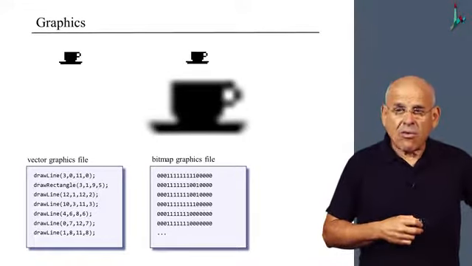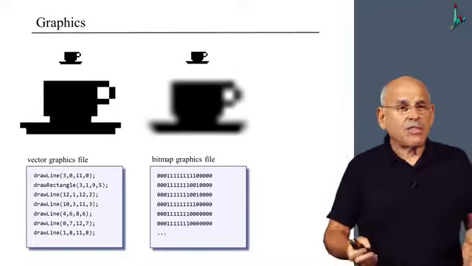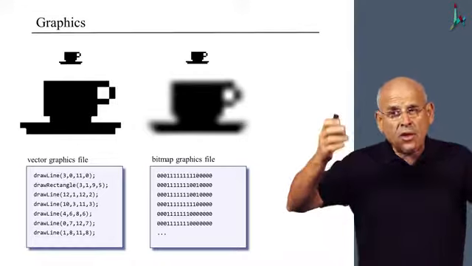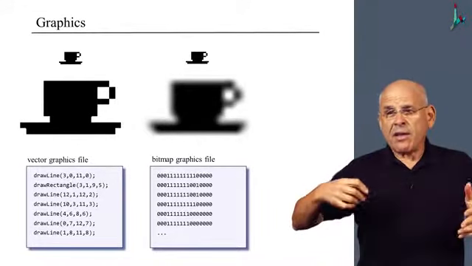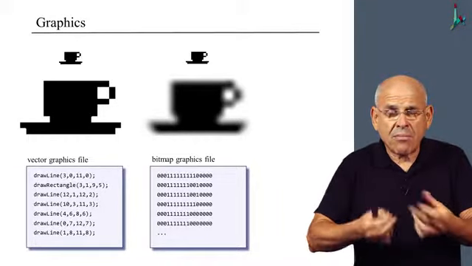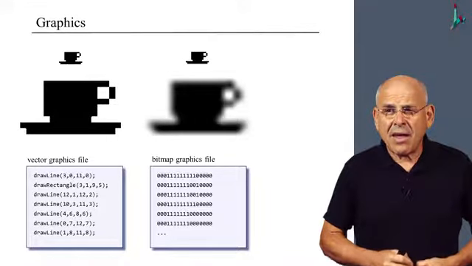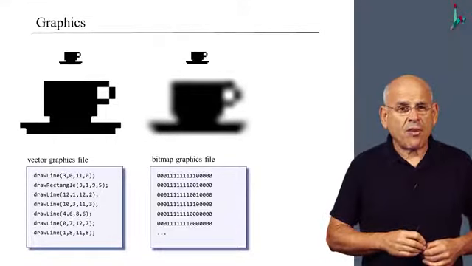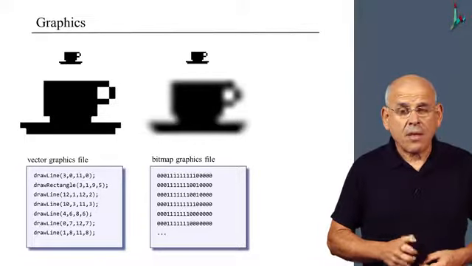Whereas in vector graphics, we get perfect scaling. Why? Because we have a set of instructions. If we want to draw the cup on a different resolution or on a different screen size, all we have to do is manipulate these numbers using some simple proportional constants, and boom, I'm going to get a perfect figure drawn in any resolution that I desire.